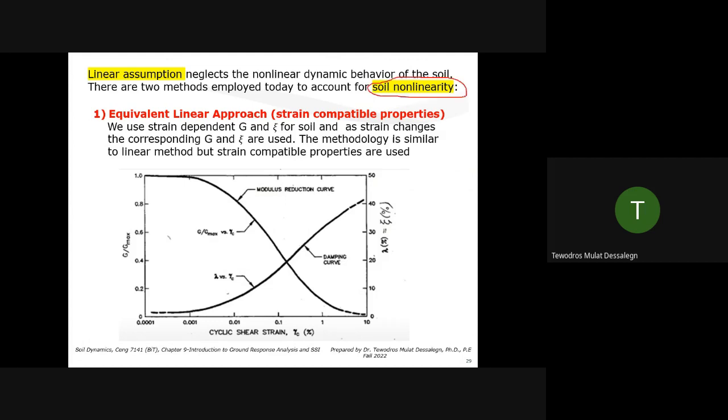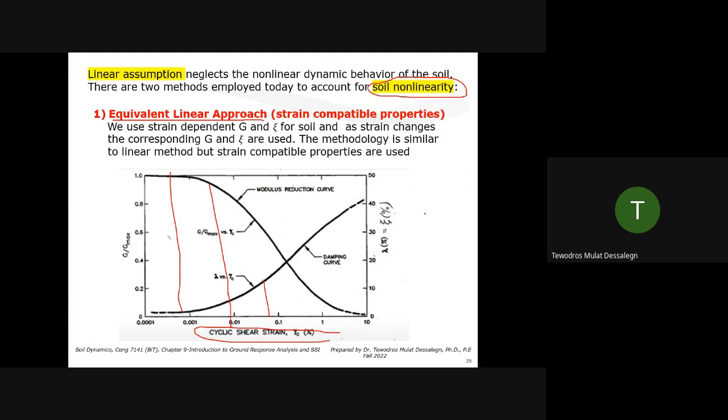I have been repeatedly telling you this one, the equivalent linear approach. At every step, it's still linear, but it varies the G value and the damping value it considers with cyclic shear strain. As shear strain increases, the input that we use for damping, shear modulus, or shear wave velocity changes.